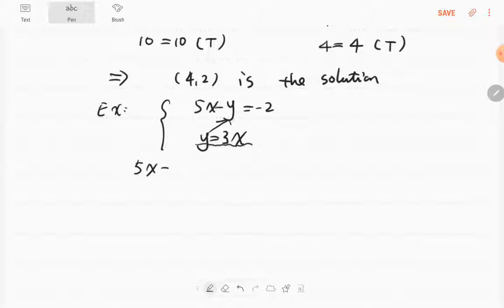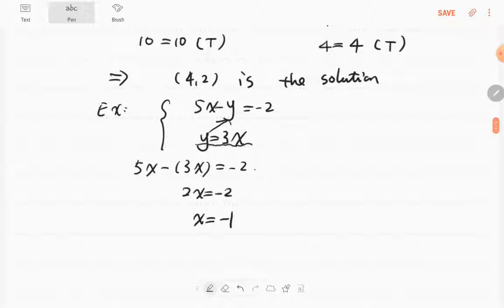Remember, we will not use y anymore because we want to substitute it. So we're going to use 3x to substitute y. Then we only have one variable. We only need to solve for x now. So we have 2x equals negative 2. x is equal to negative 1.